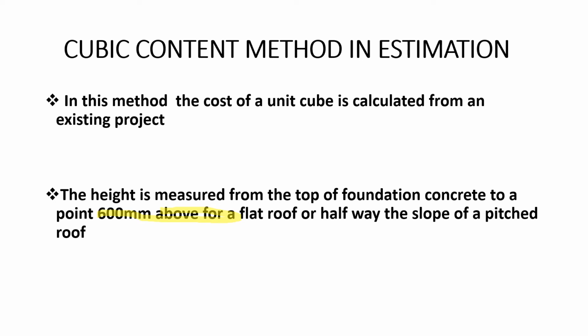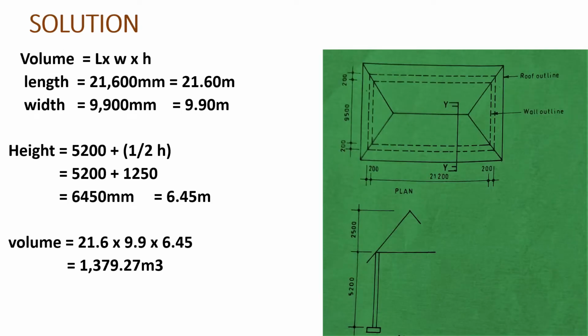Those are the key elements you should note when using the cubic content method. In this case, we need the volume because it's cubic, so that we can equate it to whatever we've been given. Therefore, we need the length, the width, and the height.